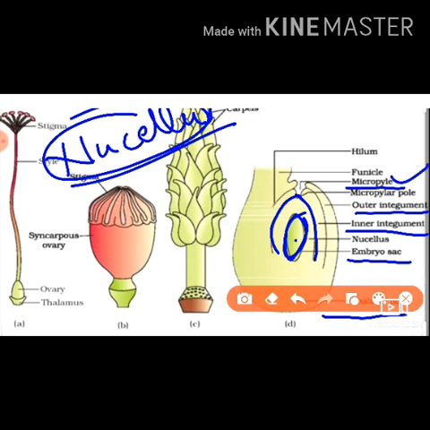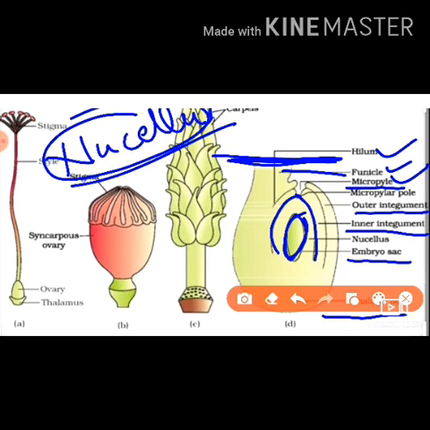And after this, two more important parts: one is the hilum, another one is the funicle. This funicle is attached to the placenta. Just consider this is the placenta. It is an elongated stalk-like structure, that is the funicle. And this funicle is attached with the body of the ovule.